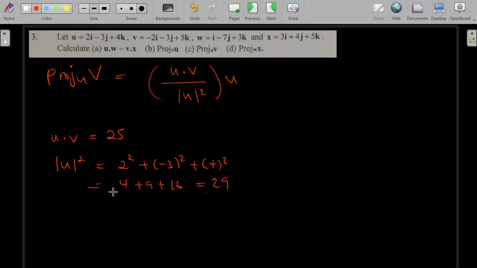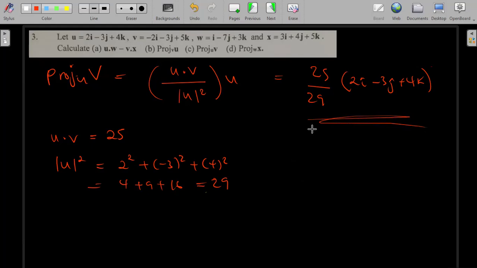All right, so this is what I get. Then the dot product is 25 over 29, multiplied by the vector U, that is 2i minus 3j plus 4k, like that. So this here is my projection.